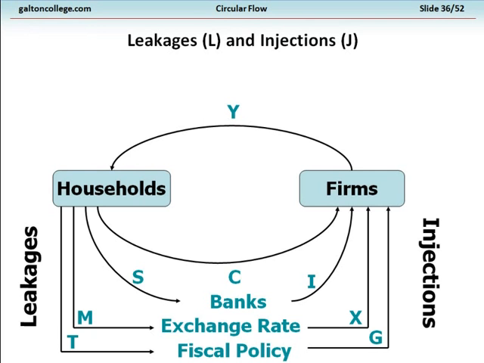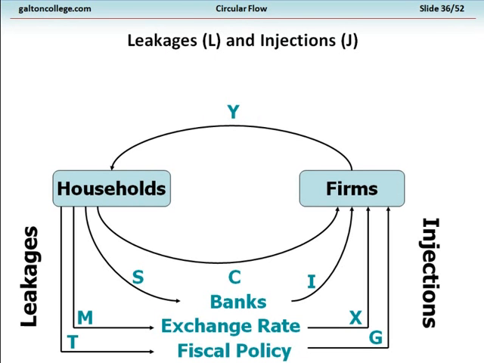And the way the S balances with I is through the rate of interest in the banks. The way that M, imports, balances with X, exports, is through the exchange rate. Changes in the exchange rate make imports and exports cheap or expensive, as the case may be. And T for taxation balances with G for government expenditure if the government balances its accounts.